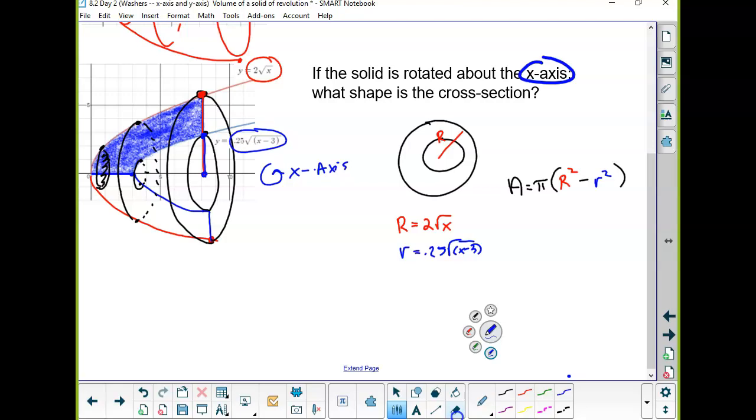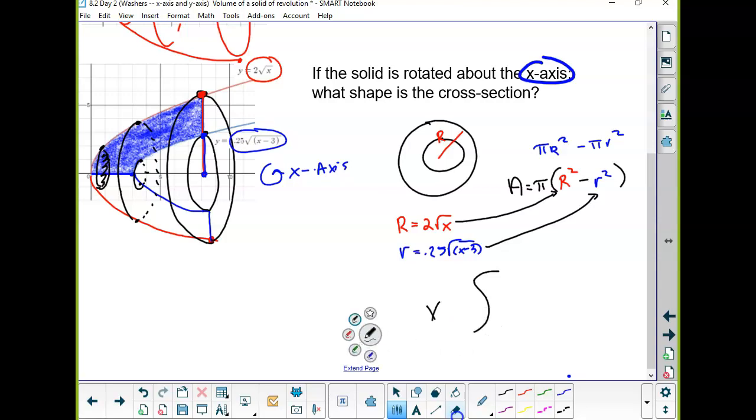If you don't like that, you could redistribute the pi and just say it's the big circle minus the small circle. I have kids that didn't love this, but they knew the area of each circle. Okay, so we could plug those items in.